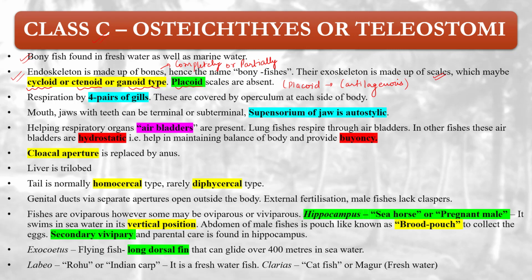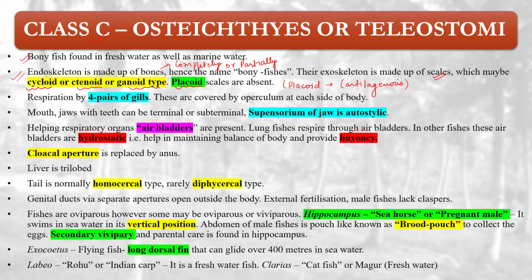But in cartilaginous fishes, the scales are mainly of the placoid type.